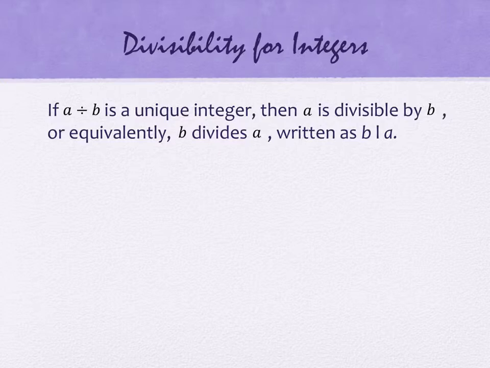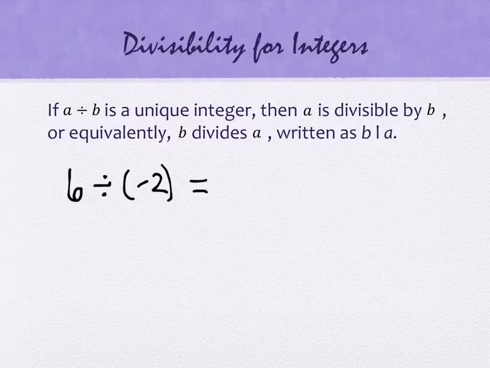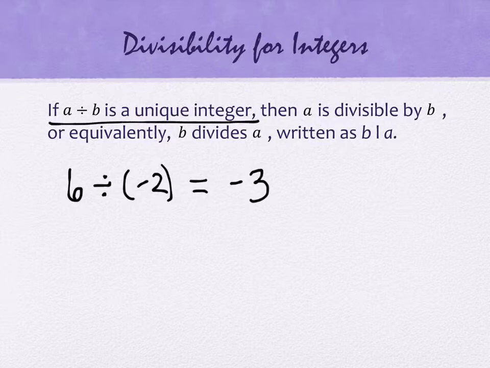Basically what this is saying is that everything you did with divisibility of whole numbers works the same for divisibility of integers. So for example, if you could talk about 6 and you could divide it by a negative 2, what is 6 divided by negative 2? Negative 3. Okay, so it satisfies this criteria. A divided by b is a unique integer.